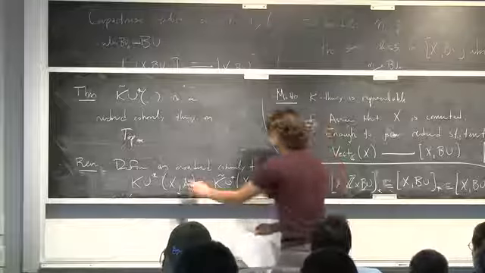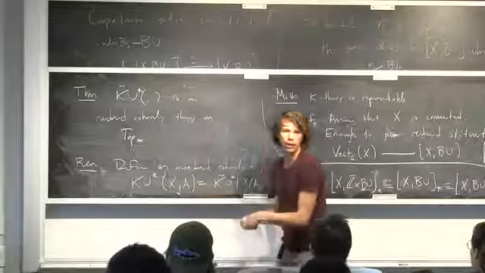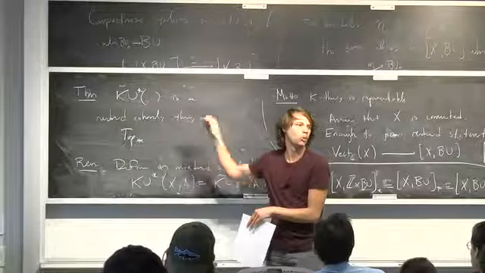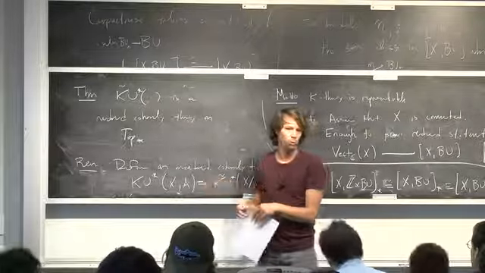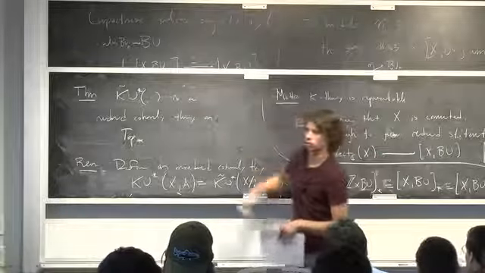This defines an unreduced cohomology theory, and there's a standard and formal way of passing back and forth between reduced and unreduced cohomology theories. This gives us the reduced to unreduced way.